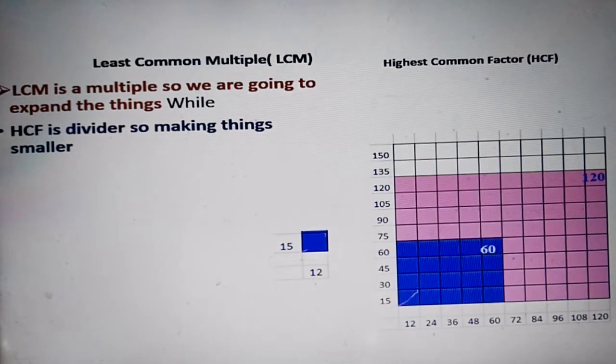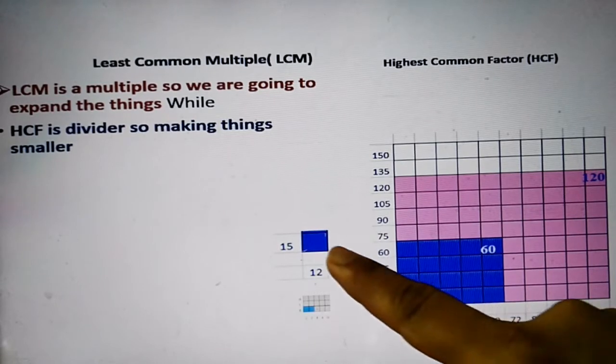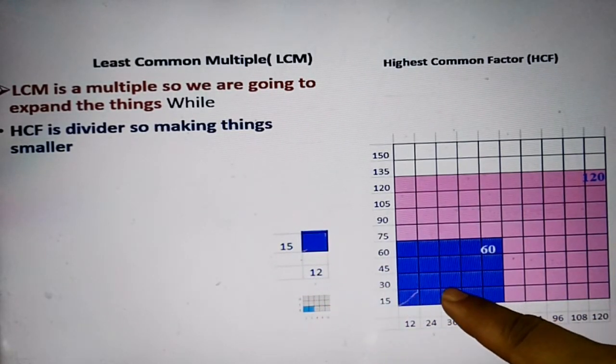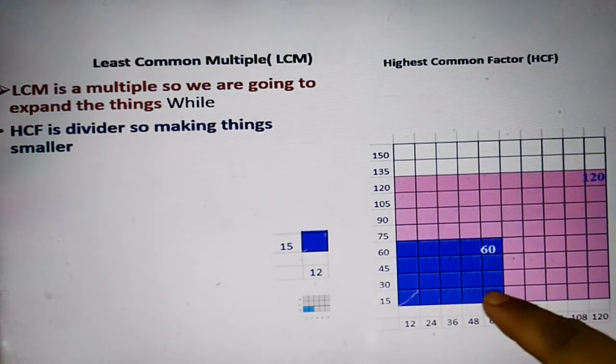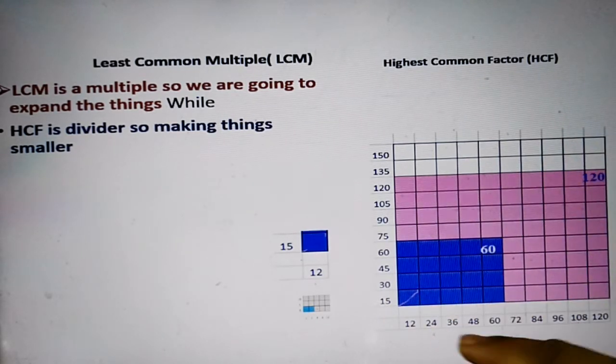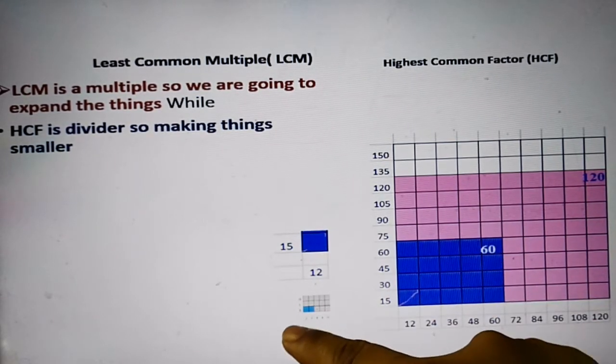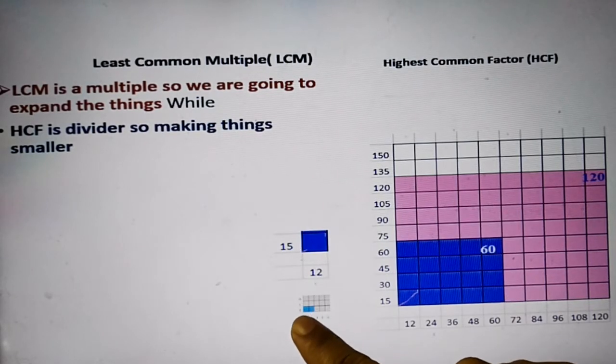Now discuss the case again by block. Here is the block for 12 and 15, and this is your LCM region, this is your HCF region. Now compare LCM with HCF. HCF is found by small blue blocks.